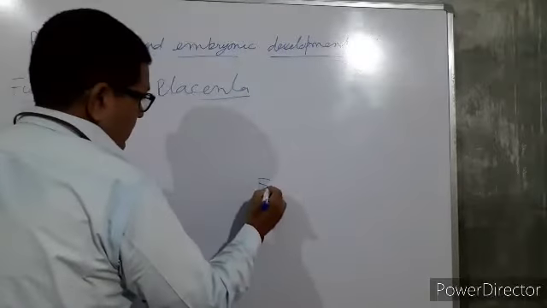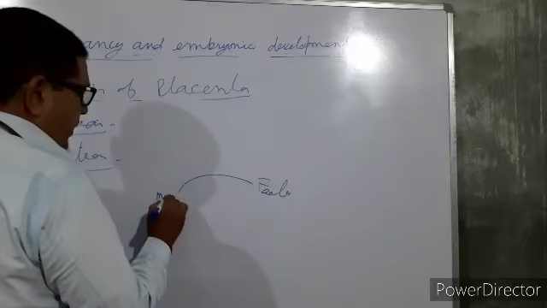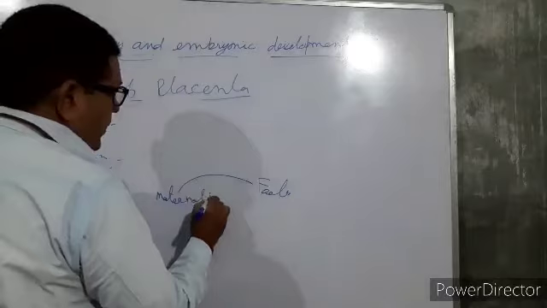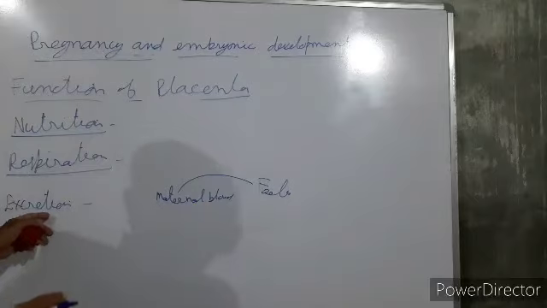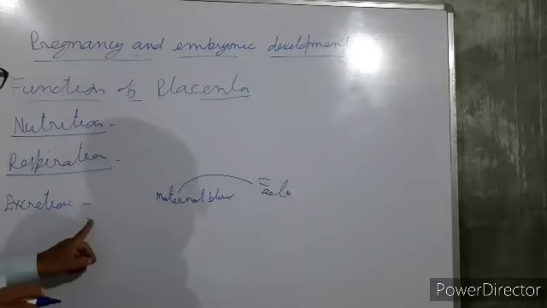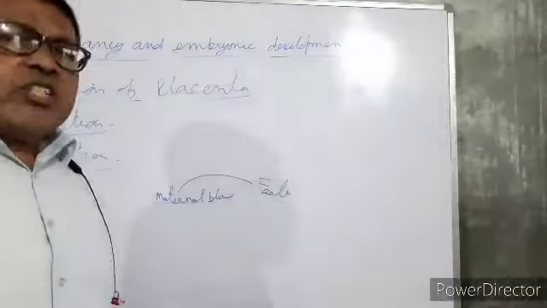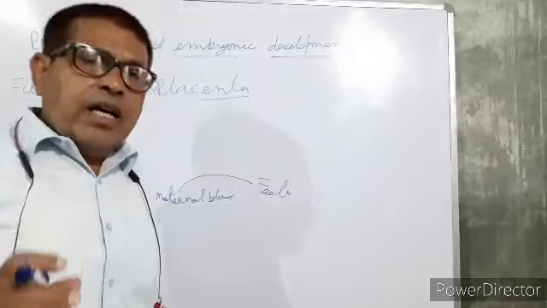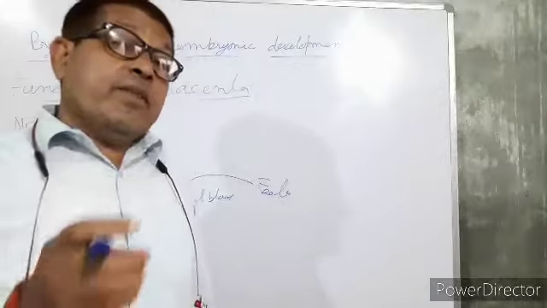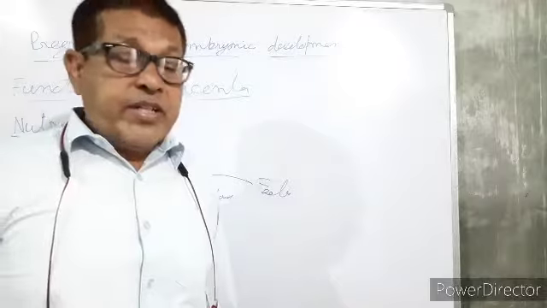These nitrogenous wastes from the fetus enter into the maternal blood via the placenta. So how does it help in excretion? In the fetus, nitrogenous waste is produced, and these wastes are transported from the fetus into the maternal blood via the placenta.